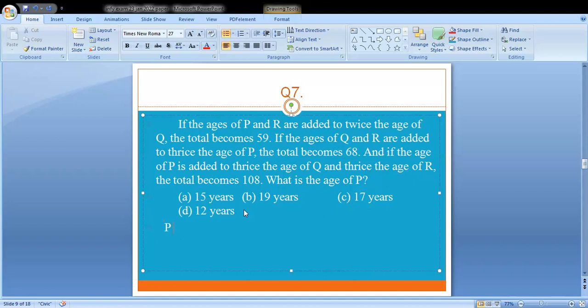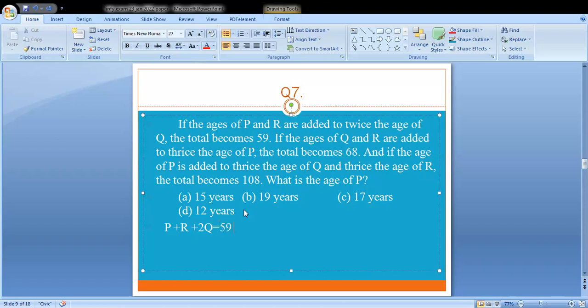The ages of P and R are added to twice the age of Q. The total becomes 59. This is the first one.